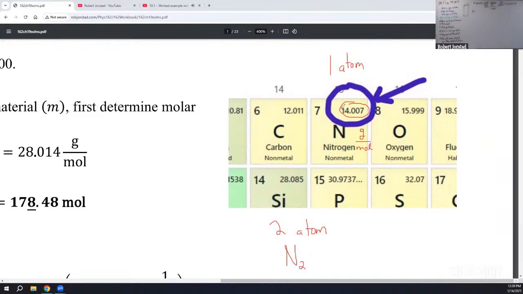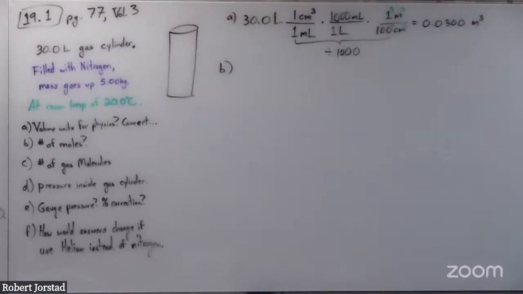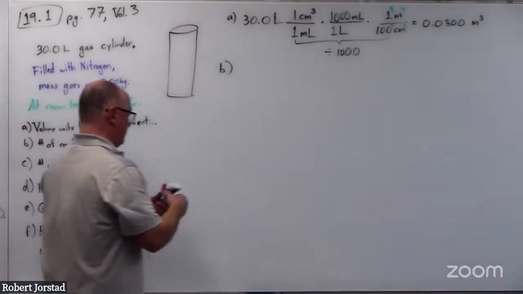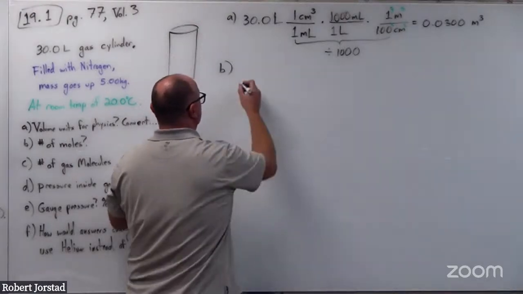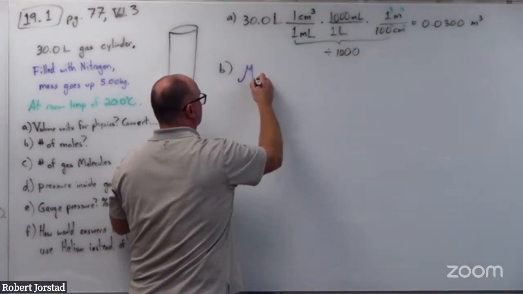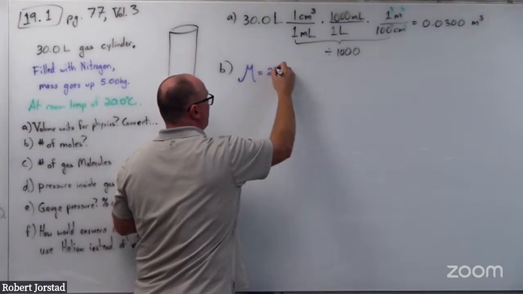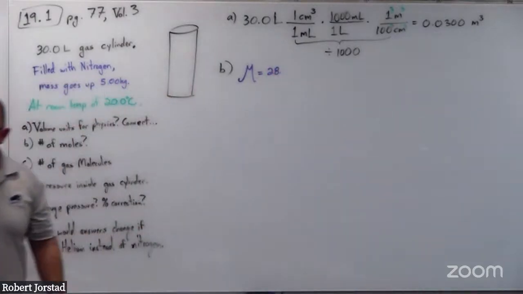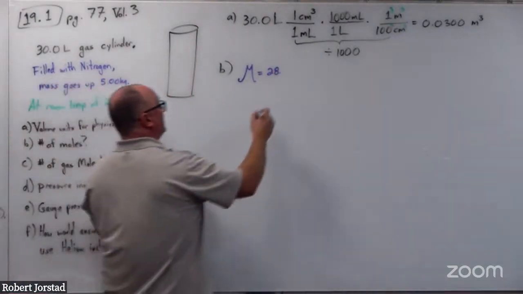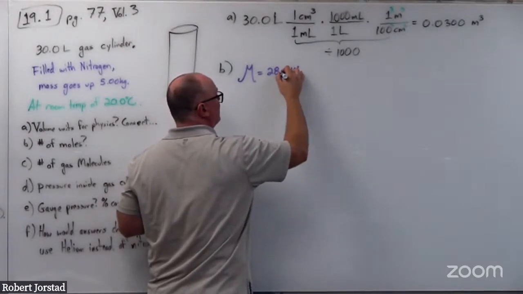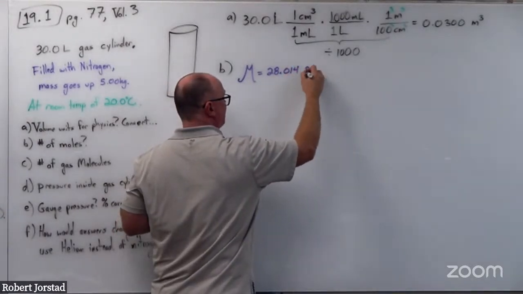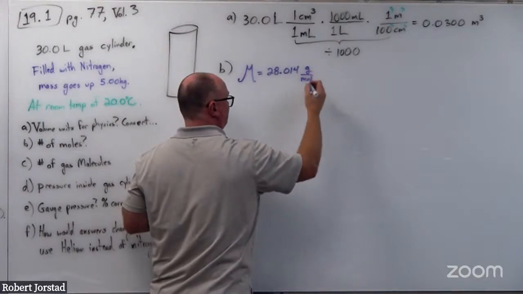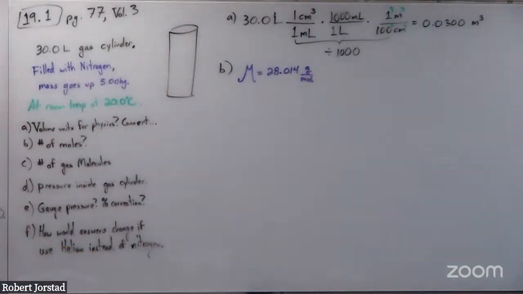So when you multiply this number by 2, oh, look, it happens to be written right here on the screen: 28.014. All right. So we know the molar mass is 28.014 grams per mole. So that's what you get off the periodic table.